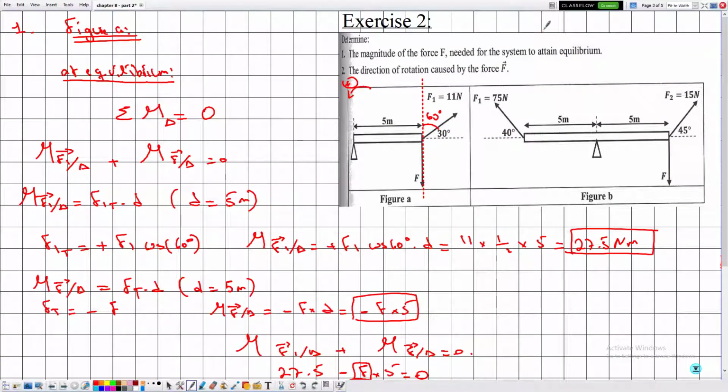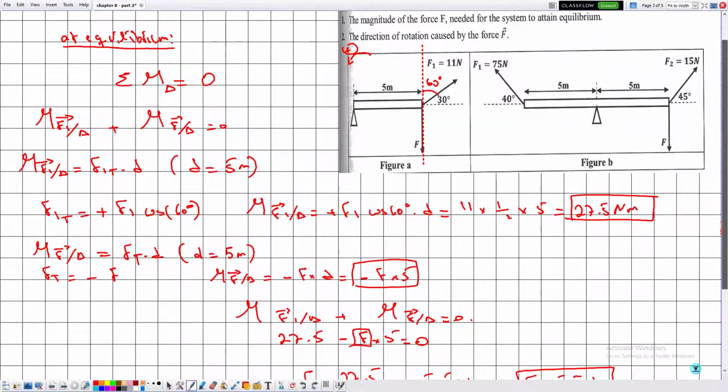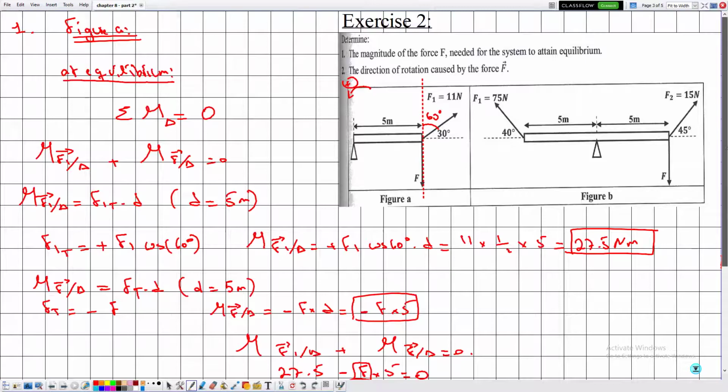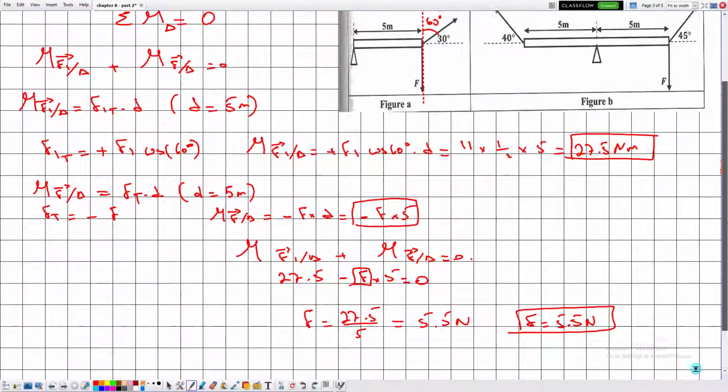So let me try. Just let me make sure of the calculation.